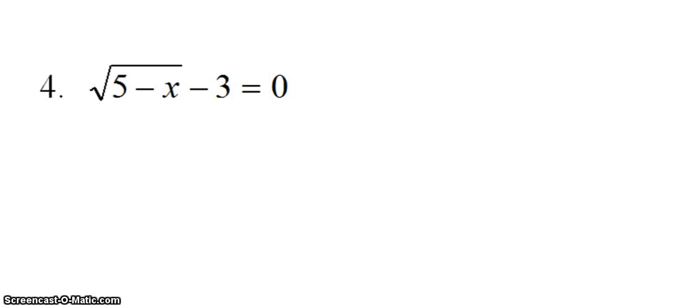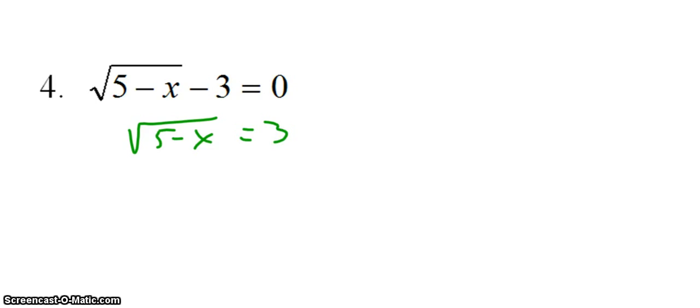Next one. Square root of 5 minus x, minus 3 equals 0. Well, what do we do if we have a square root in the equation? There's a couple things we can do. In this case, though, the best scenario is to isolate the root. So you want to get the square root by itself. So we'll have the square root of 5 minus x equals 3.